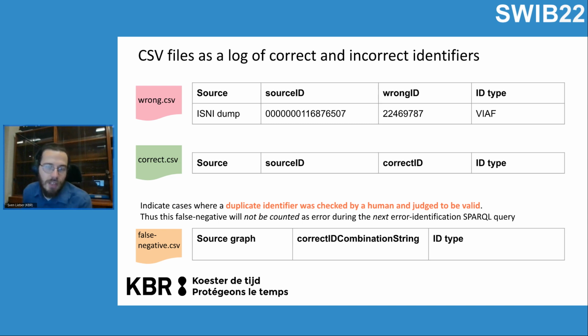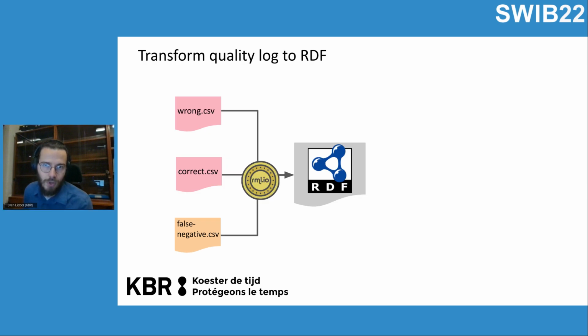For instance, someone having two VIAF identifiers is not a quality issue. So it can also be annotated here that this specific combination of values actually is valid. So we can take this into account when identifying the issue with a SPARQL query, so we don't see the same error, or something which seems strange, again in the next iteration.